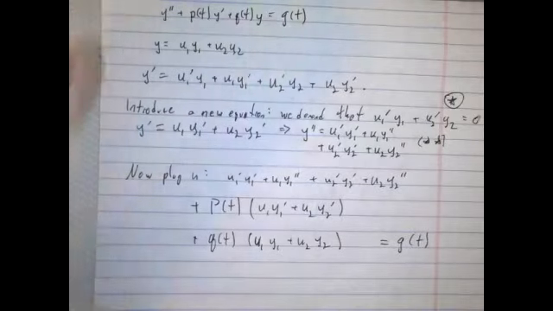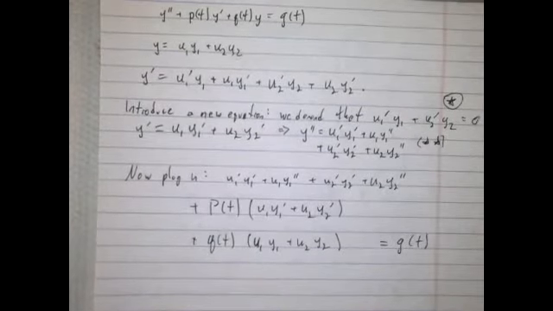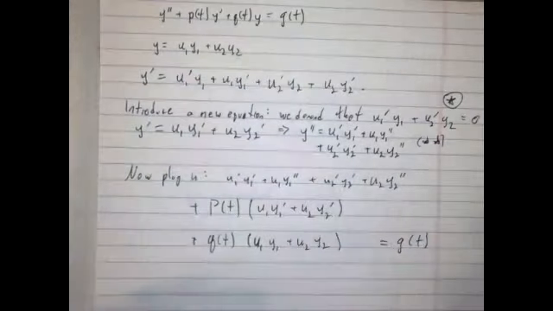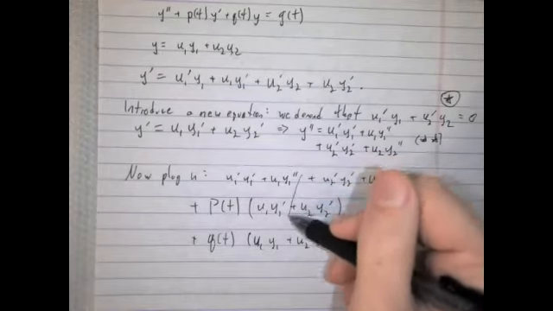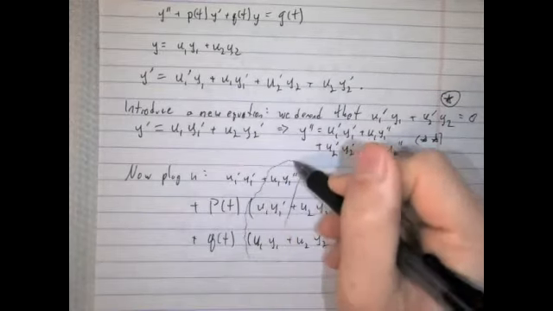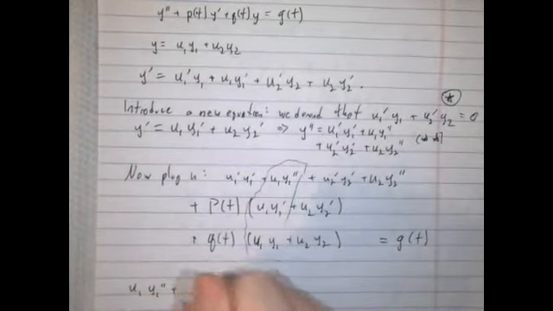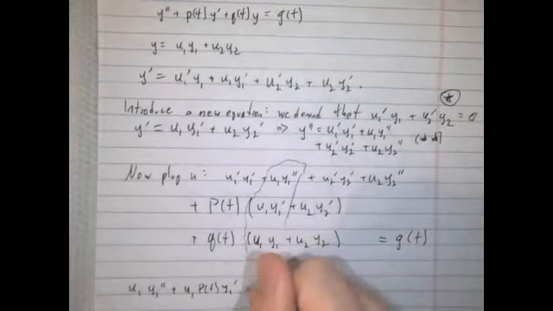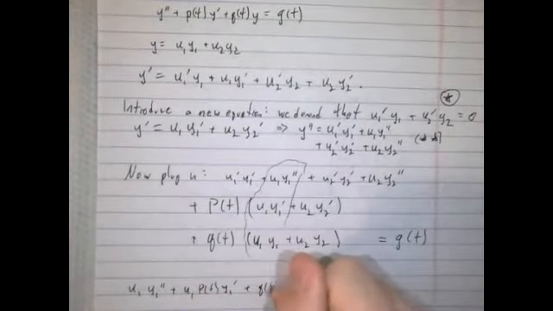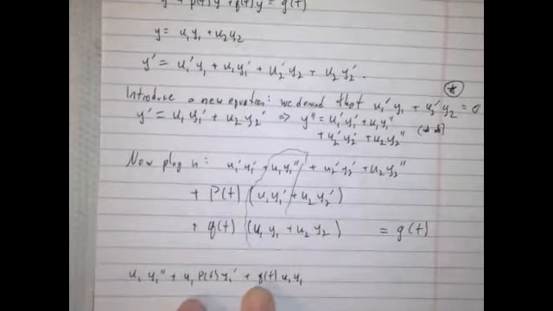Yeah. Okay. Now, what I want you to examine is the following. Let me try to trace out what I've got here. I've got a term here that looks like u1 y1 double prime plus u1 p of t y1 prime plus q of t u1 y1. What is this?